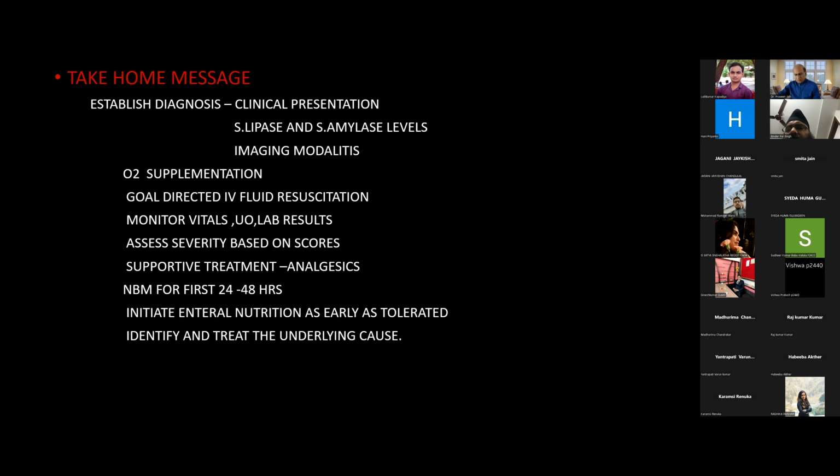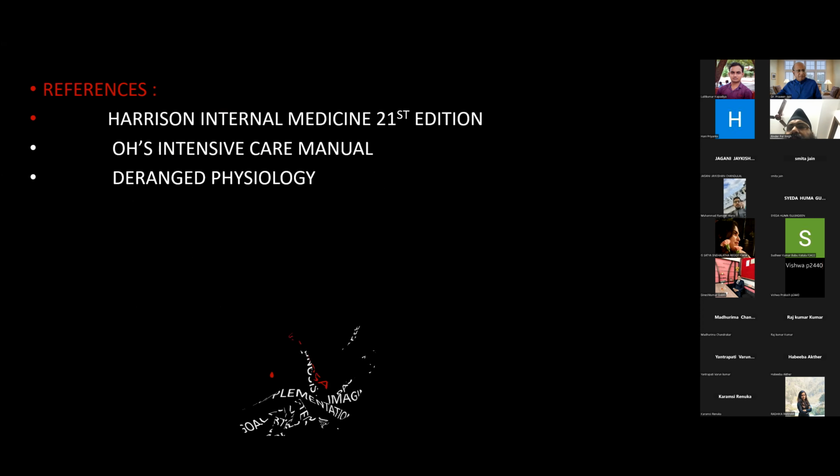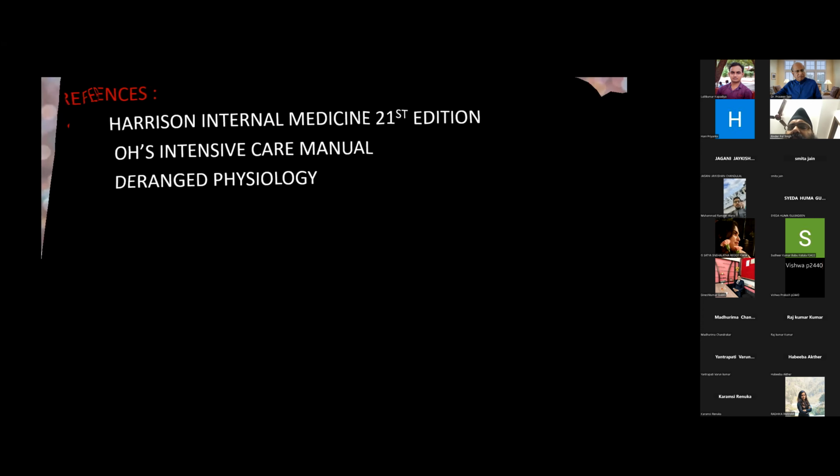Based on the multiple scoring systems, we need to assess the severity of the patient. Supportive treatment should include NBM for the first 24 to 48 hours. Initiate enteral nutrition as early as tolerated, and identify and treat the underlying cause. My references are Harrison, Oh's Intensive Care, and Deranged Physiology.